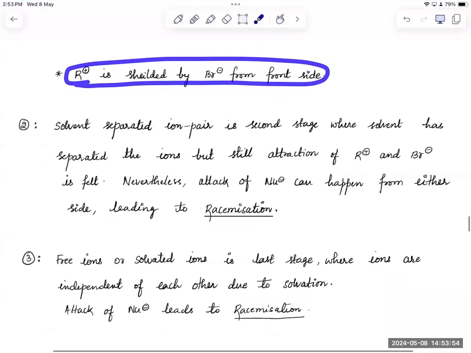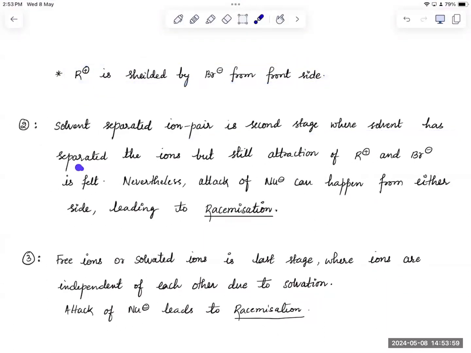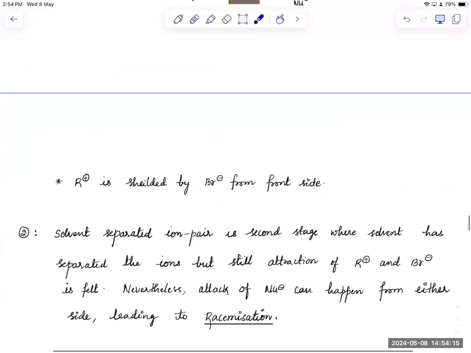The solvent separated ion pair is the second stage, where the solvent has separated the ions, but the attraction between R plus and Br minus is still felt. Nevertheless, attack of the nucleophile can happen from either side, leading to racemization.